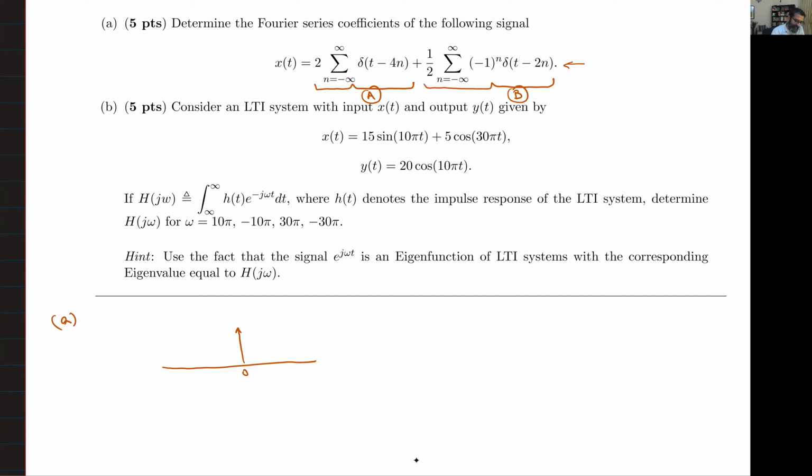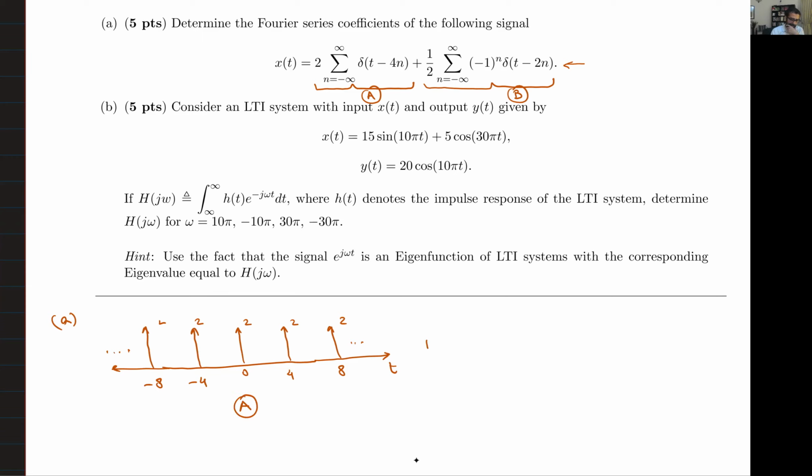The other one is going to be at time t equals 4, the next one at time t equals 8, and similarly at -4 and -8 and so on and so forth. So it's a periodic signal, right? And the height of all these impulses is 2. That means the area under them is equal to 2. Okay, is that clear to everyone? This is the signal A.